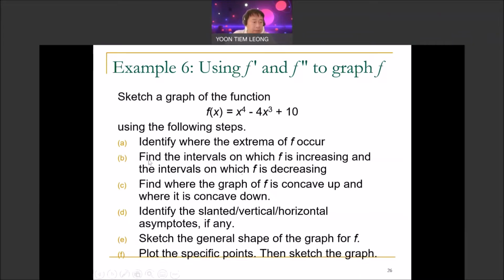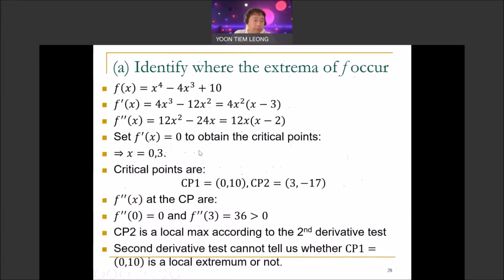The first part of the graph is to identify where the extremums of the function f occur. In order to do that, you first find the critical points and then check whether each critical point is a local maximum or local minimum. It's actually quite simple. You have the function x^4 - 4x^3 + 10.